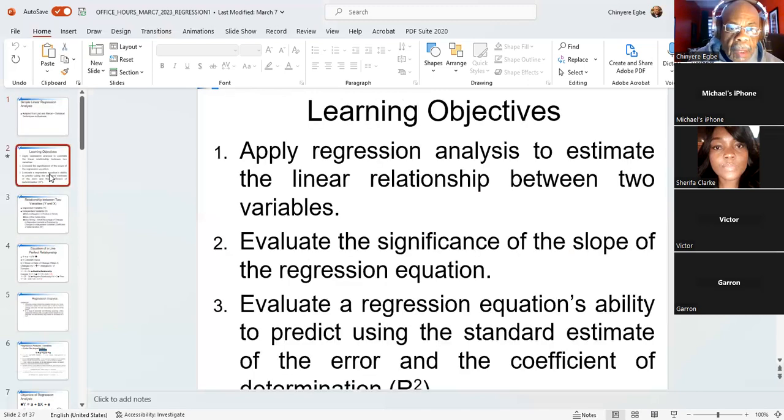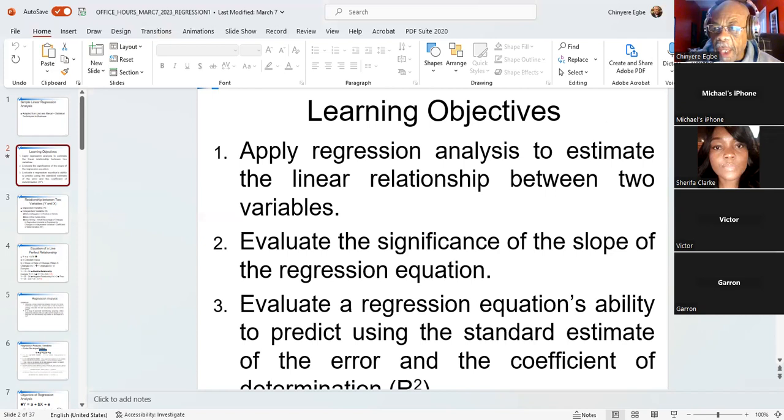The learning objective is to apply regression analysis to estimate the linear relationship between two variables, and also to evaluate the significance of the slope. Because like I said, whatever you do, you will always get some kind of number.